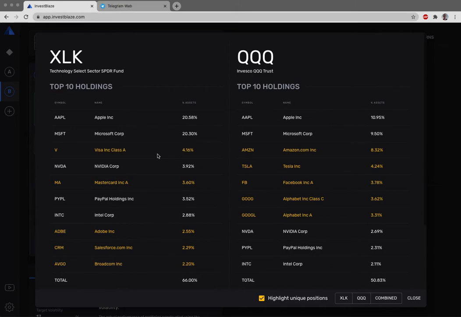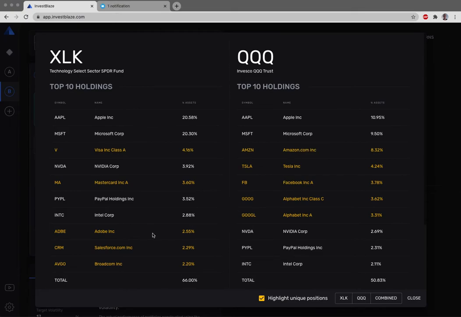So I can look at the technology sector fund and see that there's Visa, MasterCard, etc. that are not in the QQQ, and yet the QQQ has Amazon, Tesla, Facebook, and Alphabet or Google. That may be data that helps you decide which way you want to go. You may want the financial representation, so you go this way, or you may prefer this.